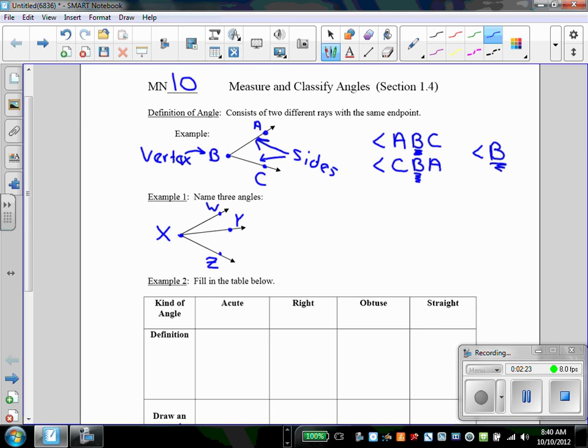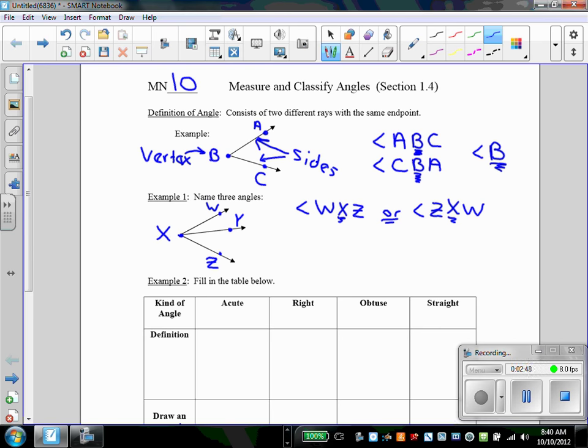We can look at the entire big angle and say, hey, we have angle WXZ. That's one way. And keep in mind, that same angle we could have said is angle ZXW. So we could have gone either direction with that. Again, notice X is our vertex, so that's in the middle of our angle notation.